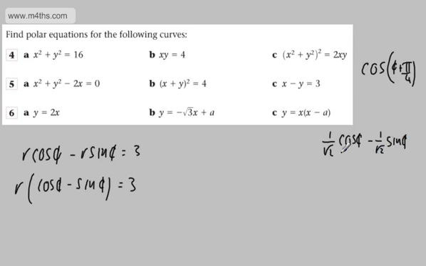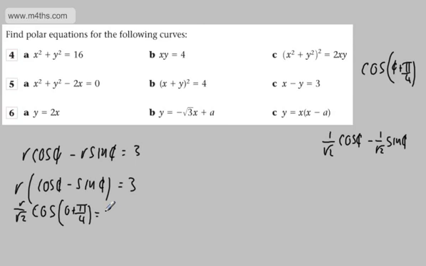So we could rewrite this now. We've got root 2, so we could write this as r over root 2, and then cos of pi by 4. Let's rewrite this in a better way.